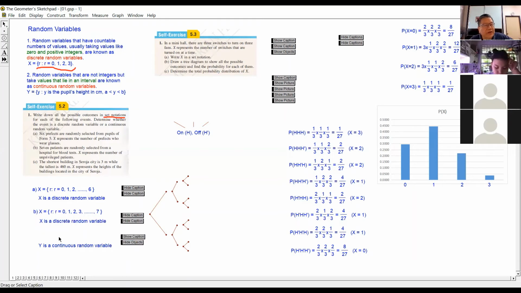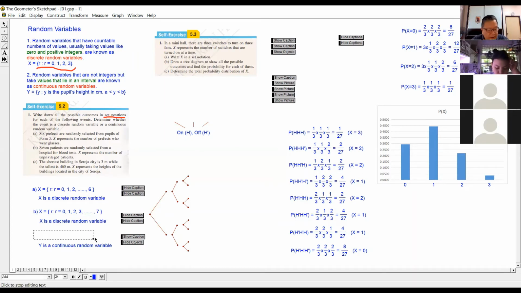So it's a continuous random variable, and let's say for part C, y is between 3 less than or equal to y, less than or equal to 460.